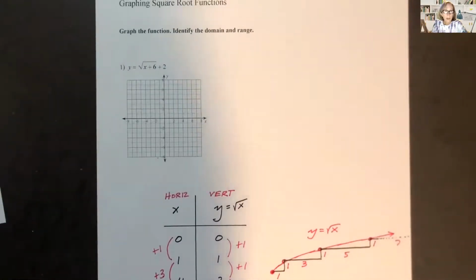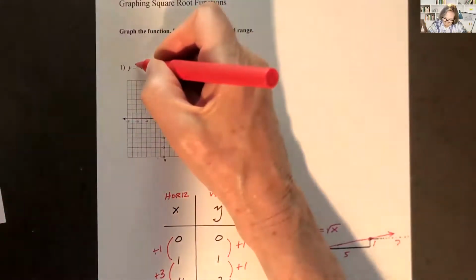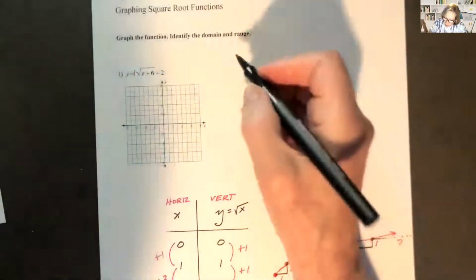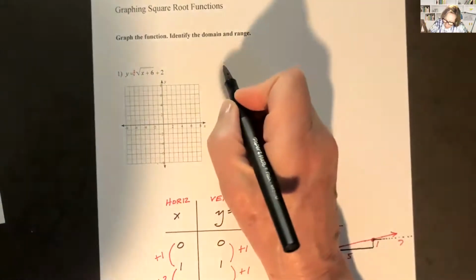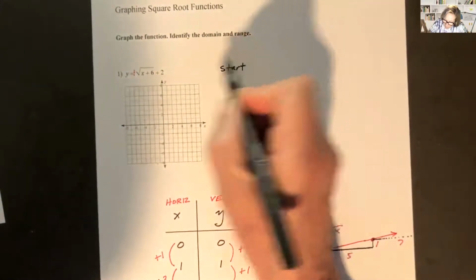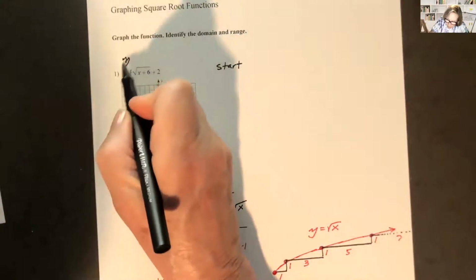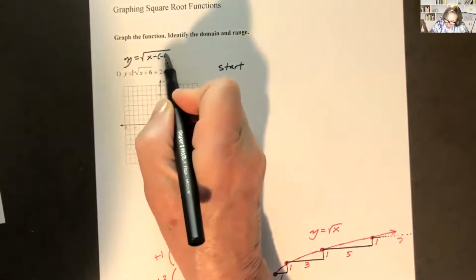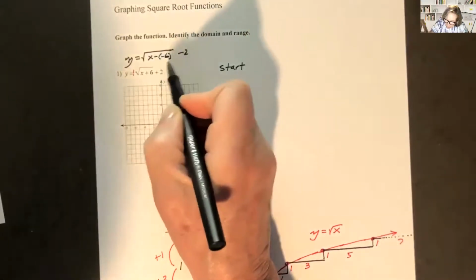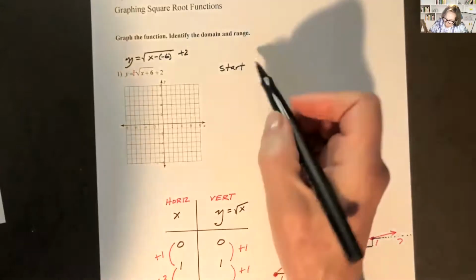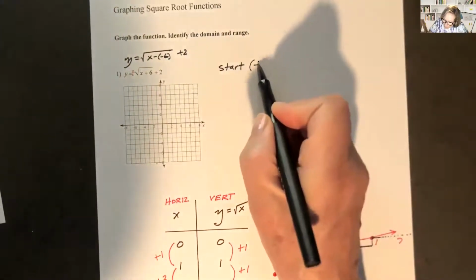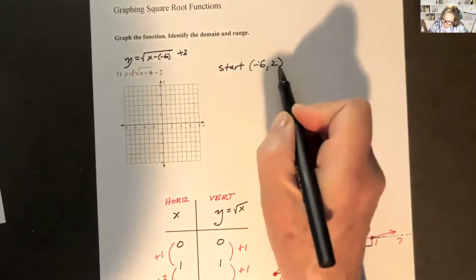So we're going to look at this function, y equals the square root of x plus 6, plus 2. Notice that the a value is just an invisible 1. So we know the starting point, h, k, in this, because when I rewrite this in the subtractive format, y equals the square root of x minus negative 6, and then outside the radical plus 2, this means that my starting point is going to be at negative 6, positive 2.